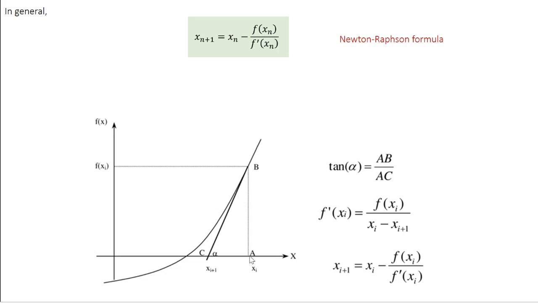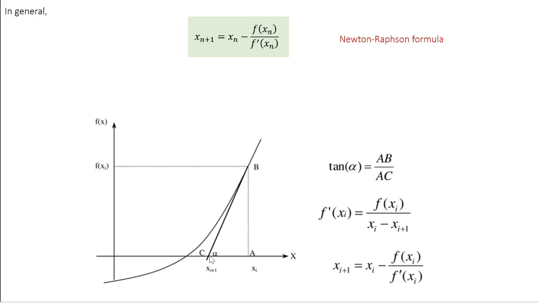So this is your xi, and you find the corresponding point on the function f of x. And what you do, you find the slope at this point. Okay, so the slope is f prime of xi, right? Now slope is a straight line. You plot that straight line, and the point where the slope intersects the x-axis is your new, better approximation. So xi is your initial guess, xi plus 1 is the new approximation.